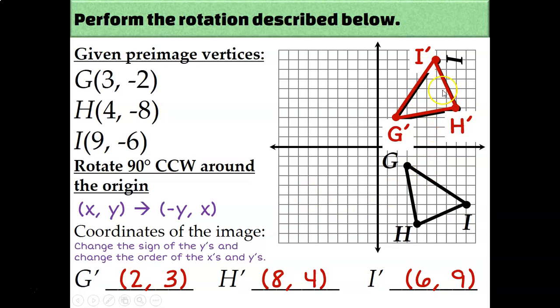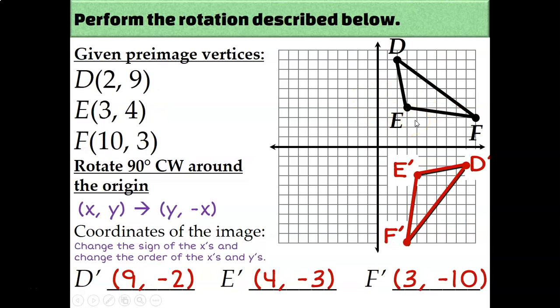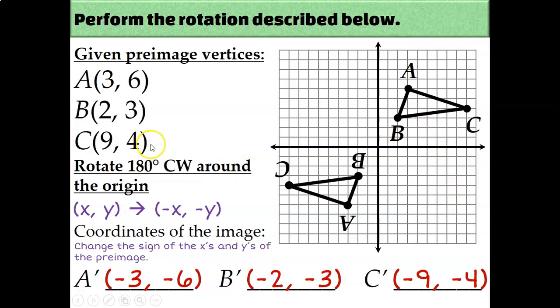So it makes sense that we ended up in quadrant 1, because we started down here in quadrant 4, and if I go counterclockwise 1 quadrant, that lands me up here, as opposed to our previous example, where I went 90 degrees clockwise. So I went in this direction 1 quadrant away, and that's how I got to quadrant 4 from quadrant 1. And for our first example, we went 180 degrees. Well, that's 2 sets of 90, so I went 2 quadrants away.